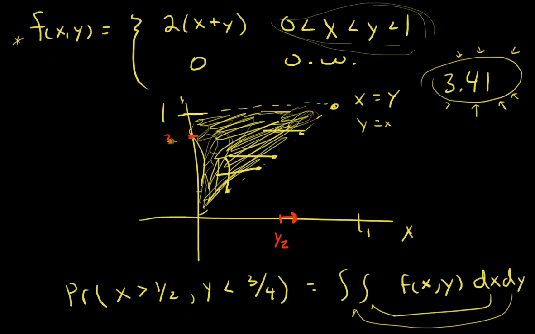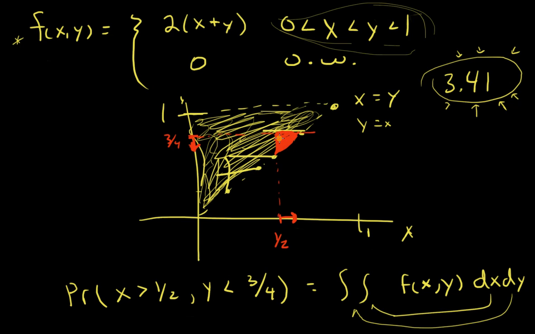So here's 3/4, and y is less than that. Okay, so y is down here, x is, so where do these two spaces collide within this yellow triangle? They collide right here. So this is the triangle I'm going to be integrating over.